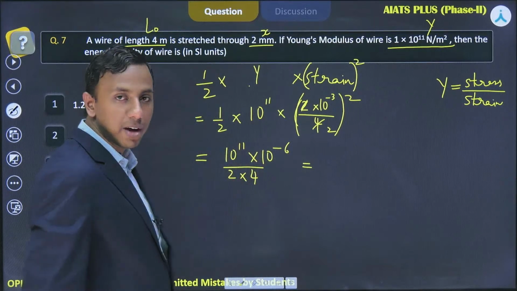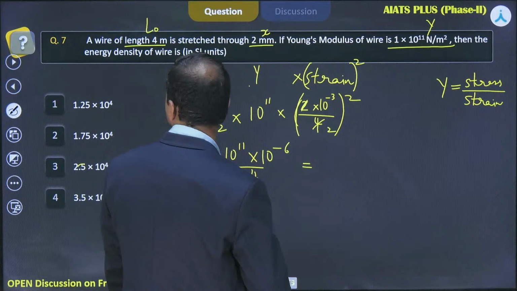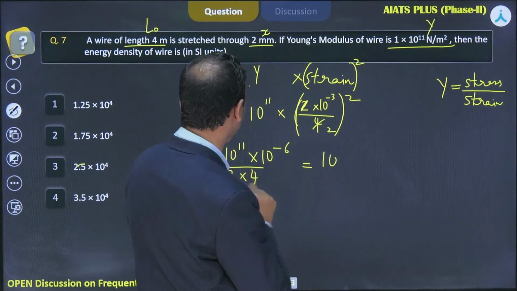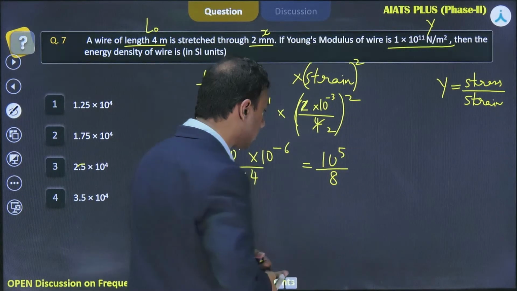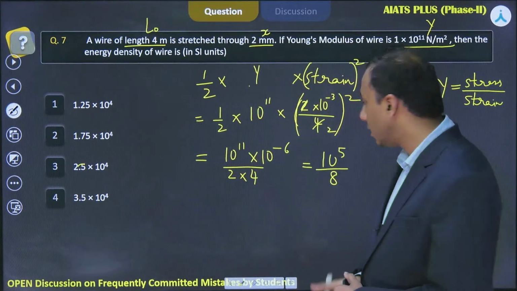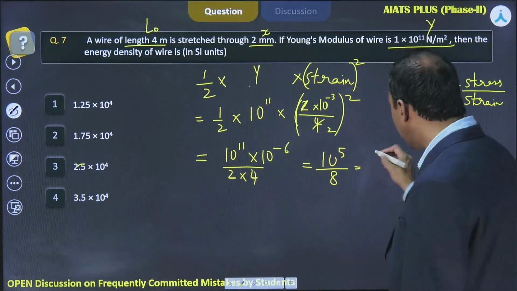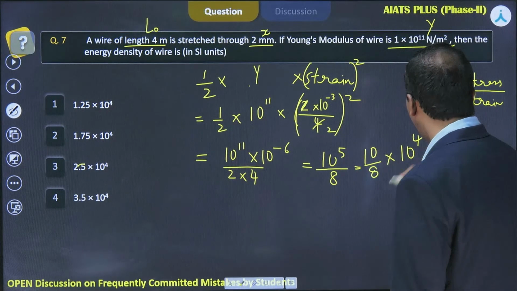What does this become? 10 power 5, and this is 8, right? 2 into 2, 10 power 6, so 5 upon 8, 10 power 5 upon 8. Now from here you can take a 10 alone, so it becomes 10 upon 8 into 10 to the power 4, right?